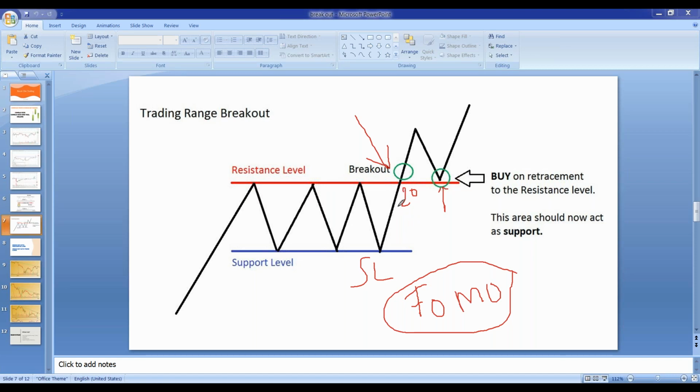This line chart is just the closing prices, but on a candlestick chart there will be some price consolidation around this area. If the consolidation is there, just place the stop loss below that consolidation level. That will be a good thing.